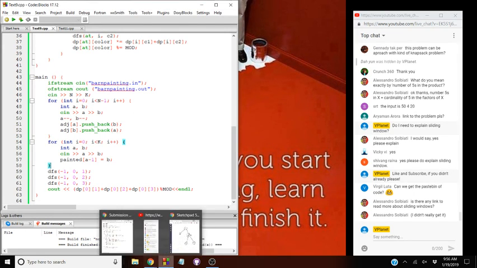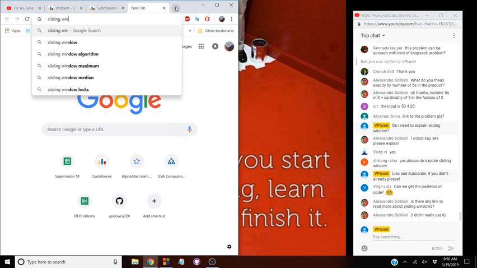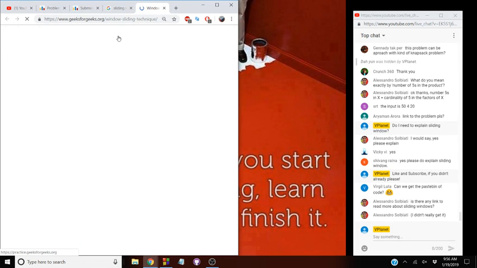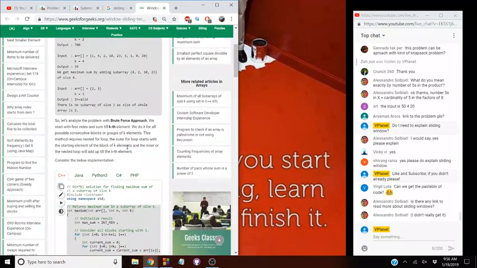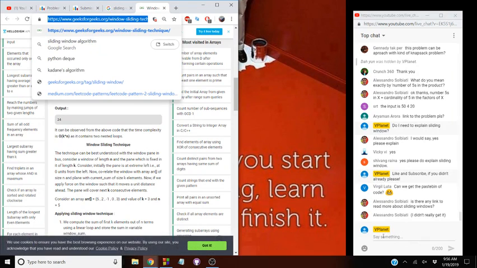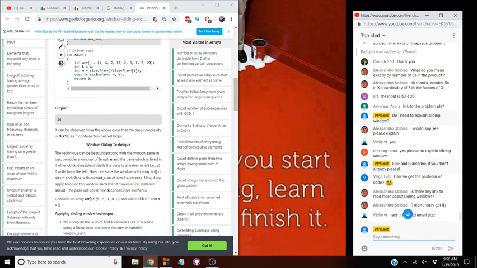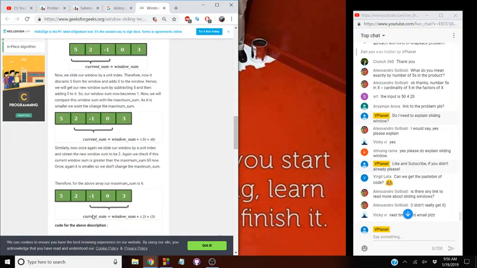Let me see if there's any links to sliding window. Here's a Geeks for Geeks on it. I hope it's the same thing. Oh wait, no, it's not.